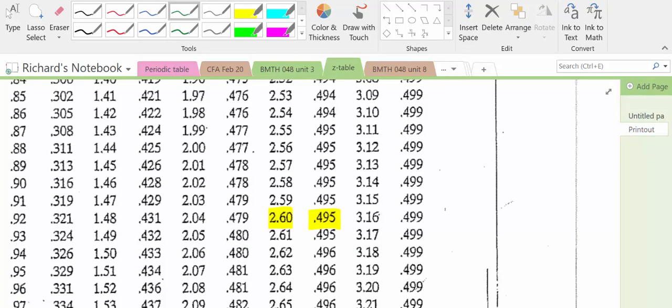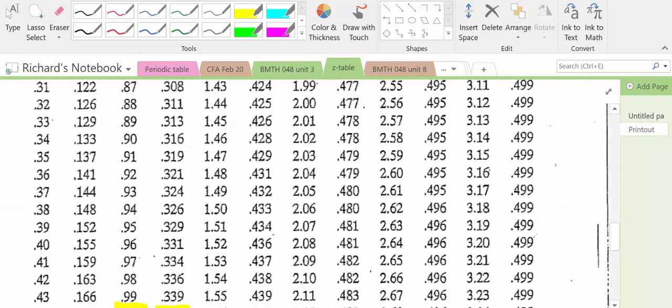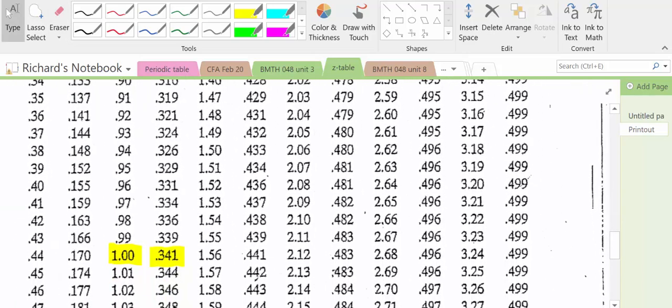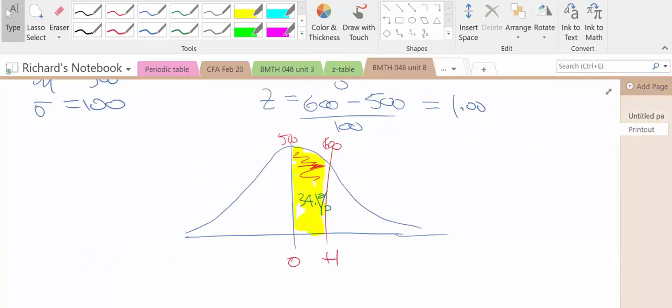I'm going to find a value of Z if Z equals 1. Oh, there it is there. When Z is equal to 1, the percentage is 34.1%. So 34.1% of the scores lie between the mean and 600.